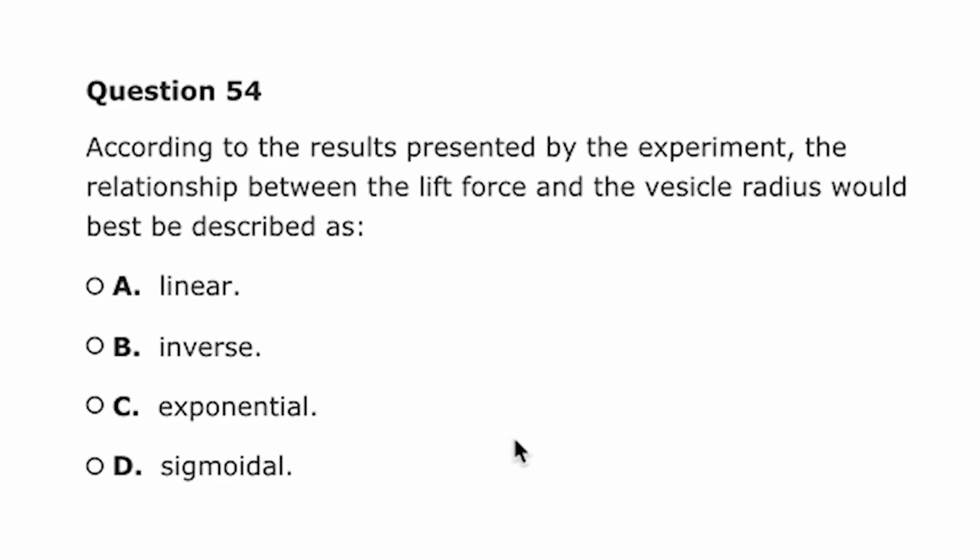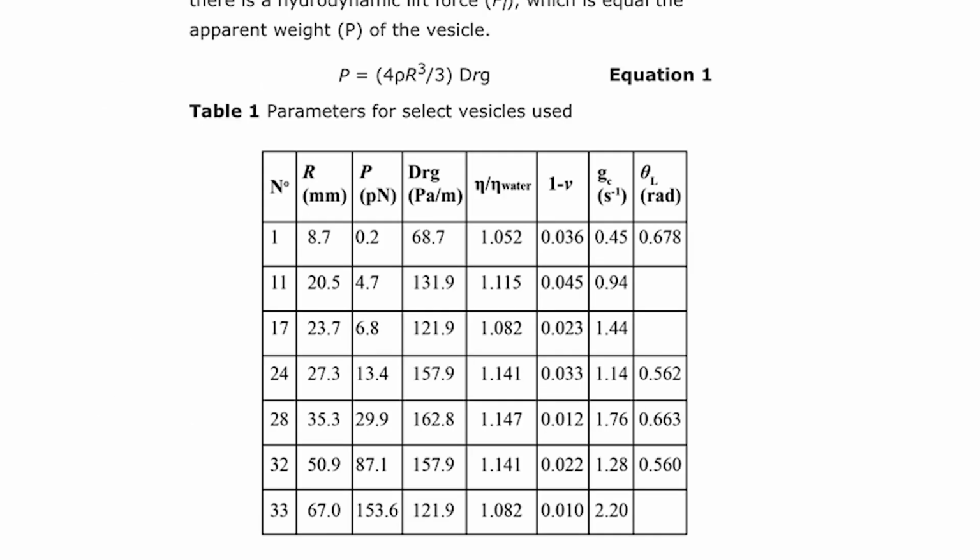Okay, question 54. According to the results presented by the experiment, the relationship between the lift force and the vesicle radius would be best described as, all right, A linear, B inverse, C exponential, or D sigmoidal. And so the lift force we know from the last question is equal to that P, the apparent weight.